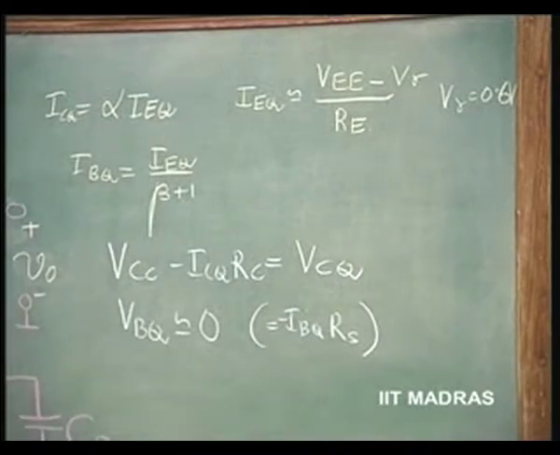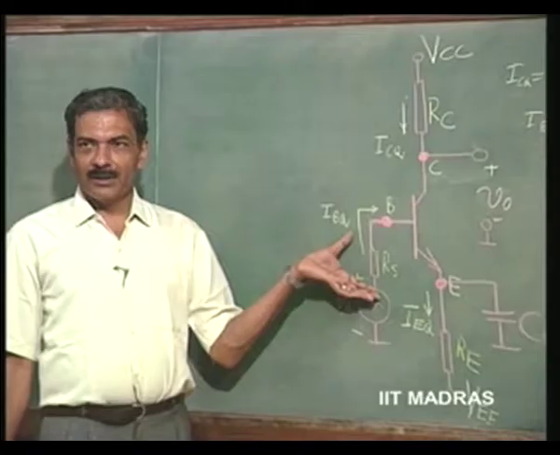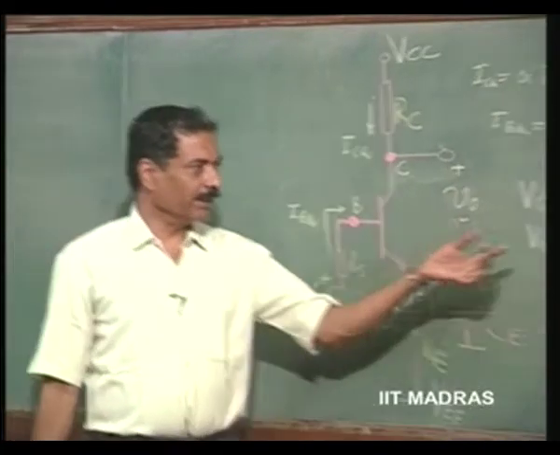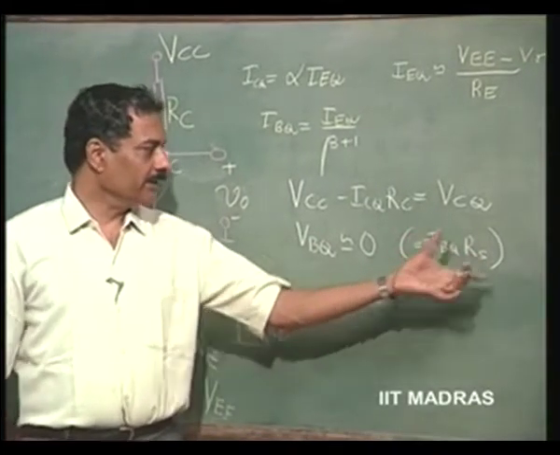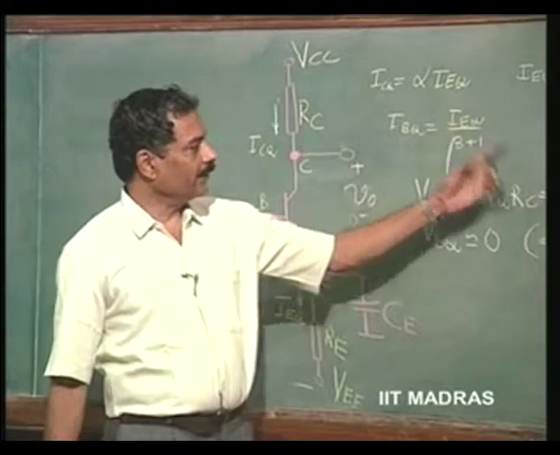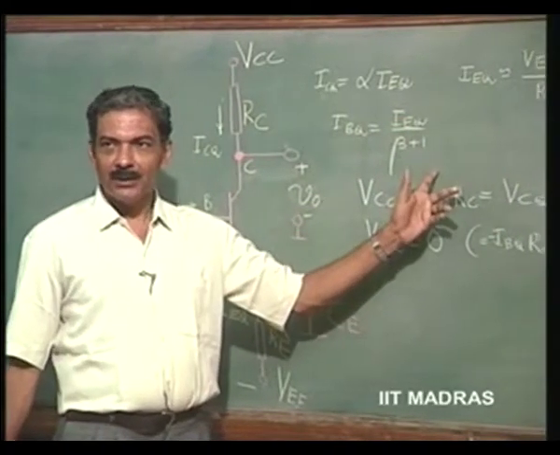For most reasonable values of source resistance, this minus IBQ into RS can be ignored. It is very small, actually IEQ RS by beta plus 1.